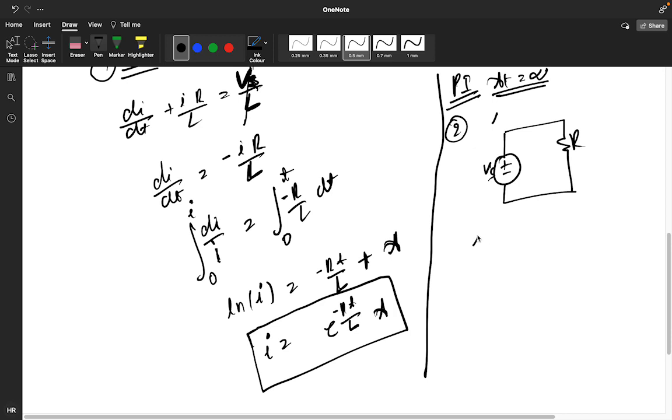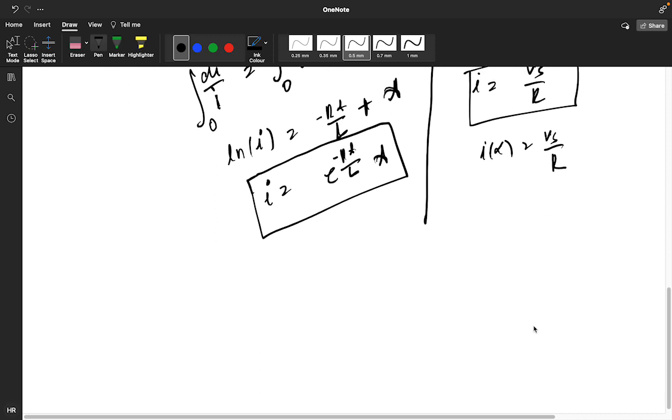So the value of I is Vs by R, that's it. So I of infinity equals Vs by R. This is my particular integral and this is my complementary function.